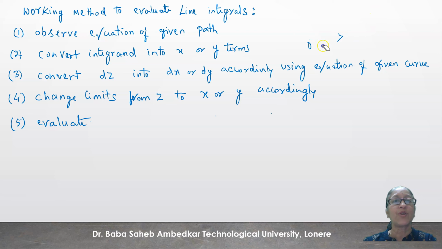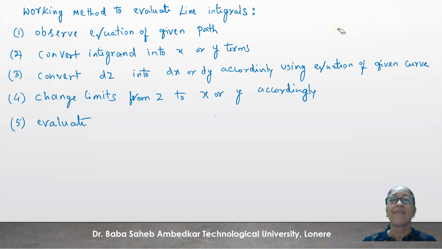So first we observe the given path, then we convert the integrand. If the integrand is given like z square plus 1 dz, then you have to convert this integrand z square plus 1 in terms of x or in terms of y.